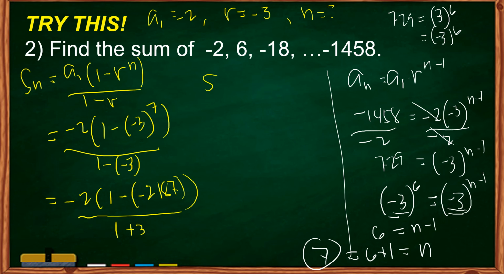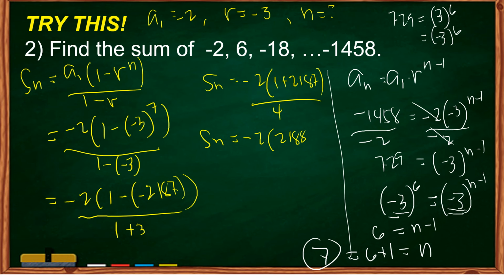So the sum is -2 times 1 plus 2187 divided by 4. So S of n equals -2 times 2188 divided by 4. But obviously, since 2188 is divisible by 4, then we can divide this one by 4.